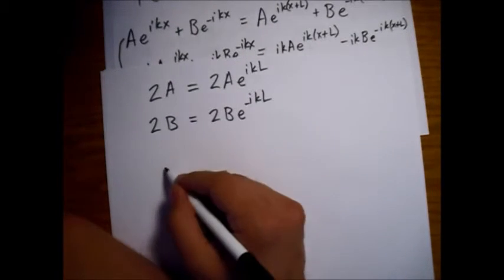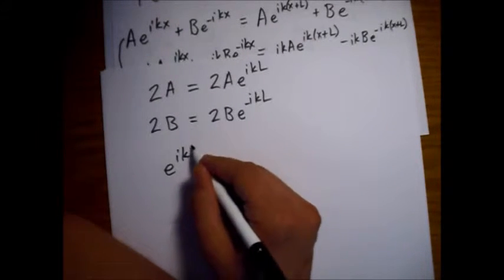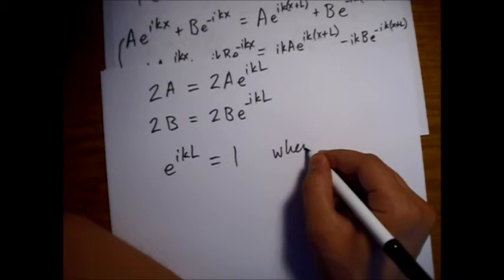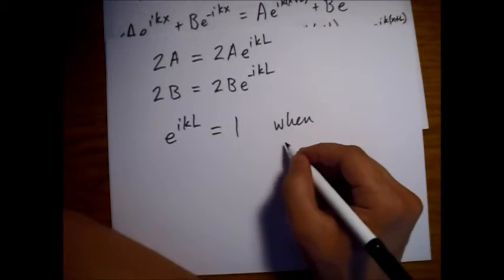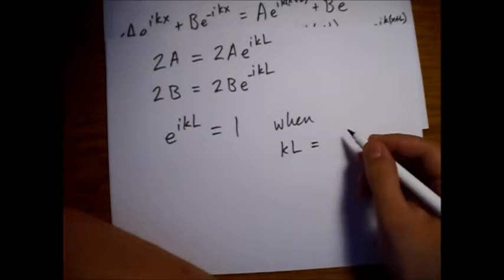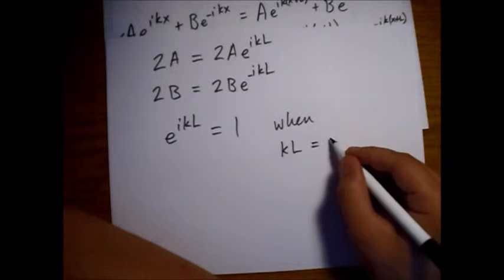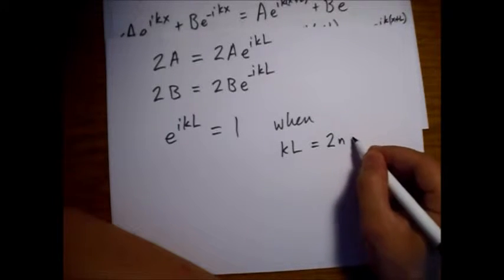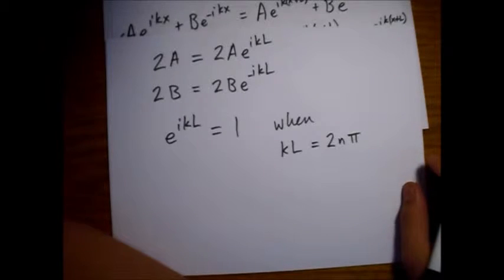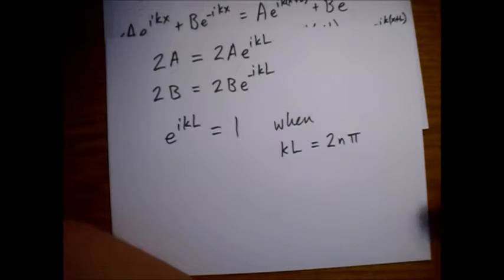Let's just look at the first one real quick. e to the i k L equals 1 when k L is equal to 2n pi, where n is an integer, whether that's 0 on up.